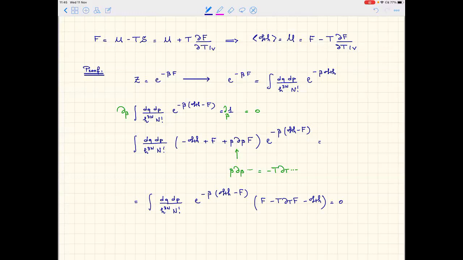And therefore, you see that this implies, well, this term here, F, is not a function of q and p, right? So therefore, this term here is F minus T dF/dT times the integral dq dp divided by h to the 3N N factorial e to the minus beta (H minus F), minus the average of H. But this integral is equal to 1.